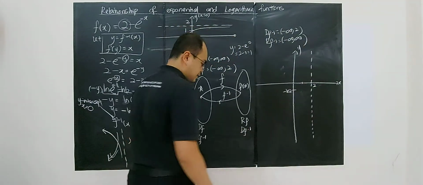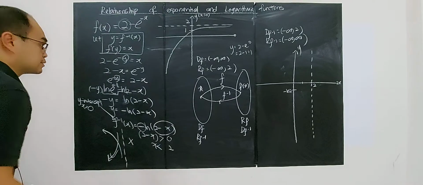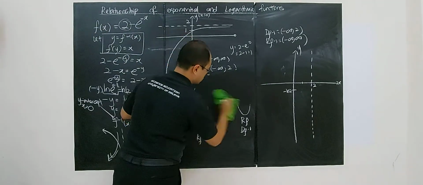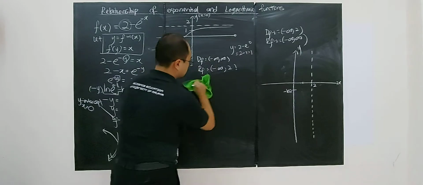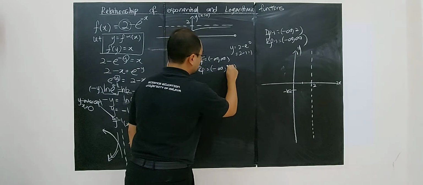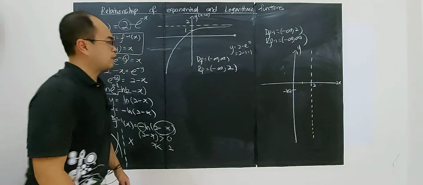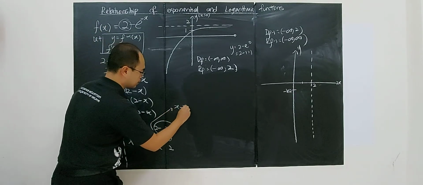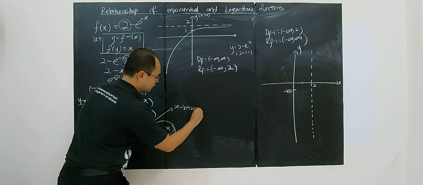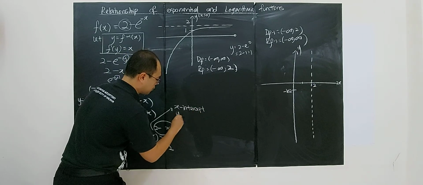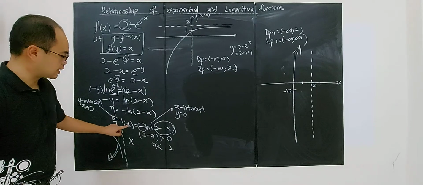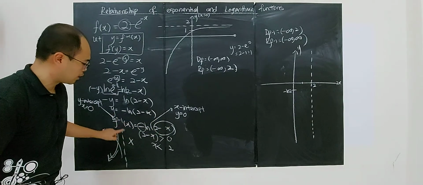So to find the x-intercept for the f inverse, the y will be equal to 0. The f inverse x, negative ln of 2 minus x, this is your y.